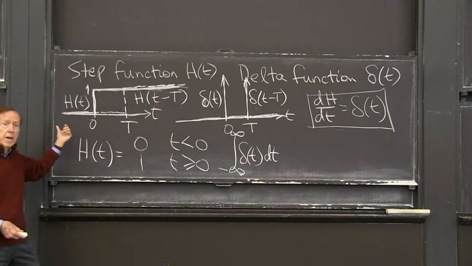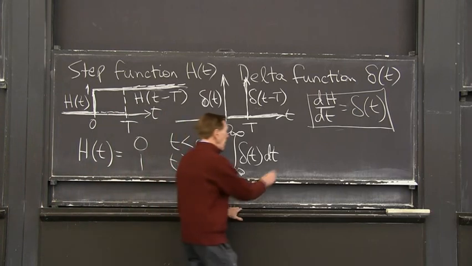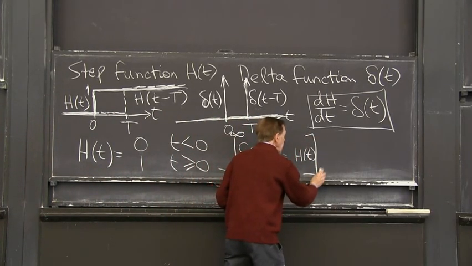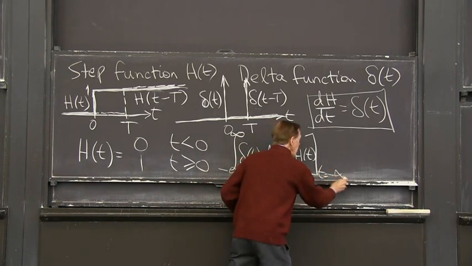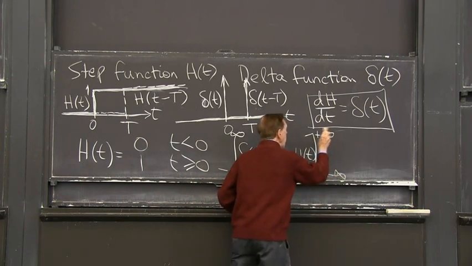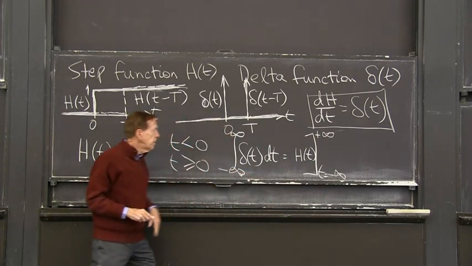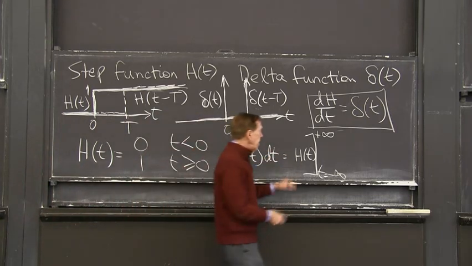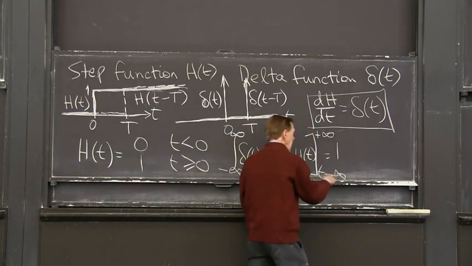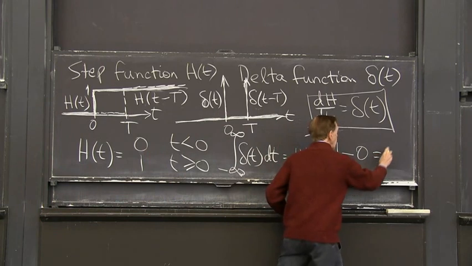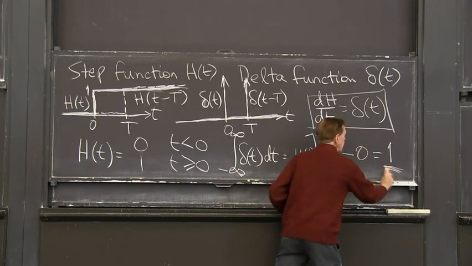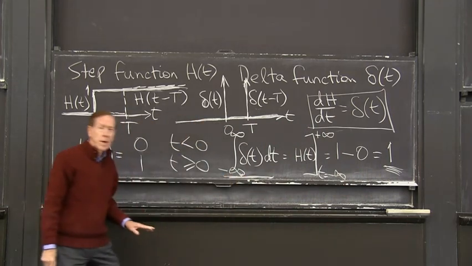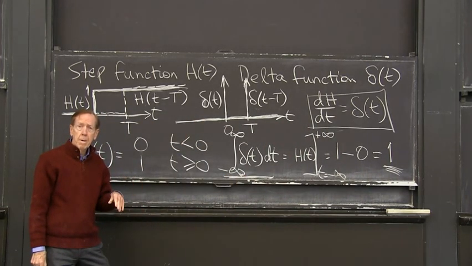Back at minus infinity, it's 0. Do you see what I'm saying here? This would be H of t evaluated between t equal minus infinity and plus infinity, because those are the limits of integration. And what do I get? At plus infinity, the step function is 1. This is 0, so I get 1. And everybody catches on to that key fact that the total integral of the delta function is 1.